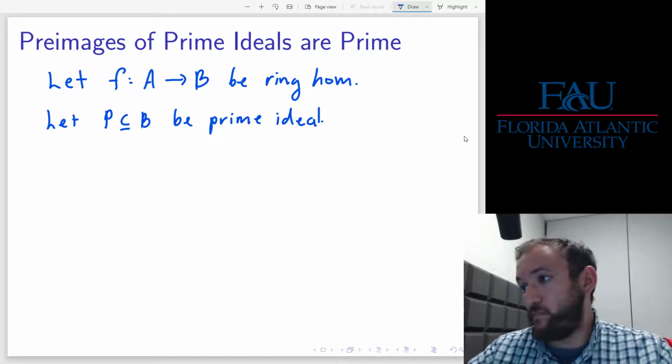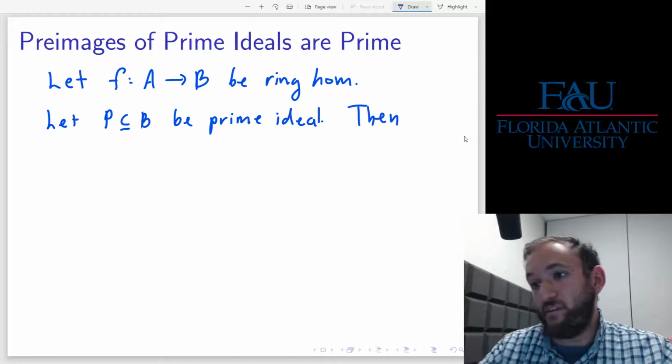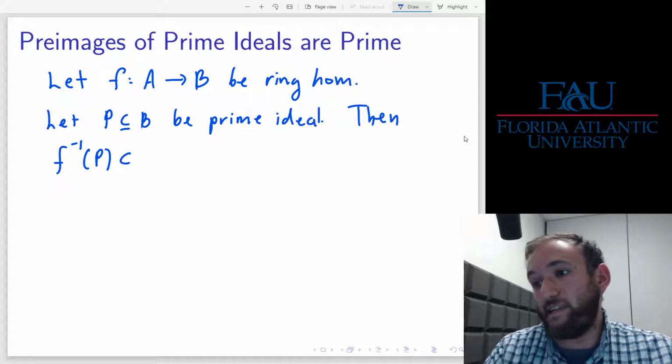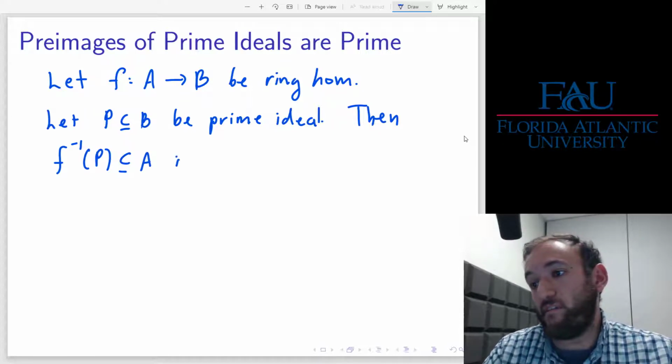Then the preimage under f of P, as an ideal of A, is a prime ideal.